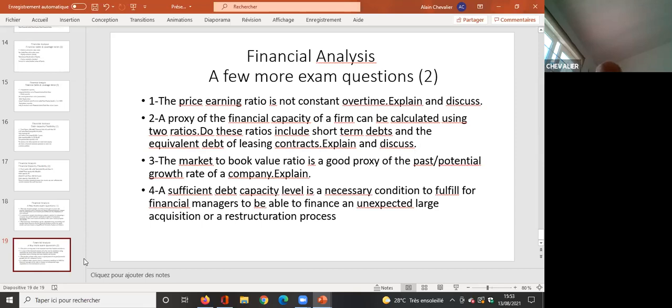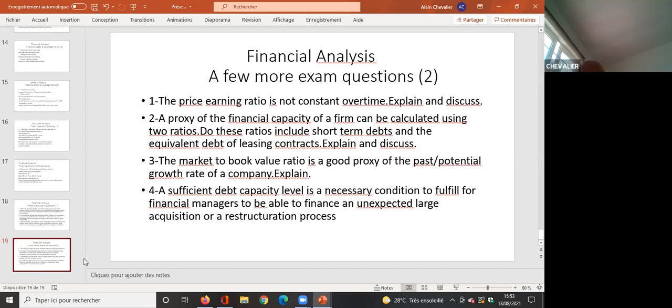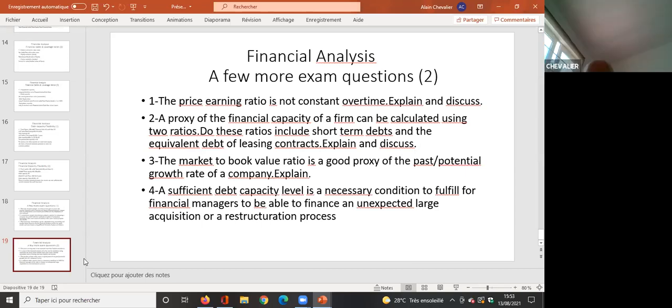They take into account only non-current liabilities and equity. And this is the point we didn't go through, the equivalent debt of leasing contracts. The answer is yes for operational contracts. And if you want, I will come back in detail tomorrow on that point. So the answer is yes here.